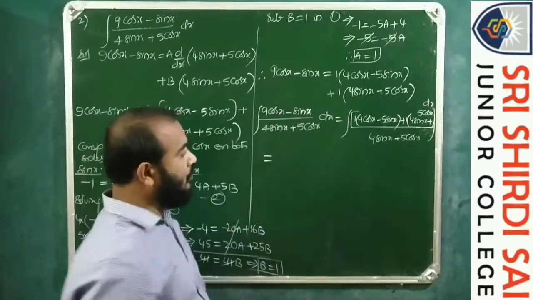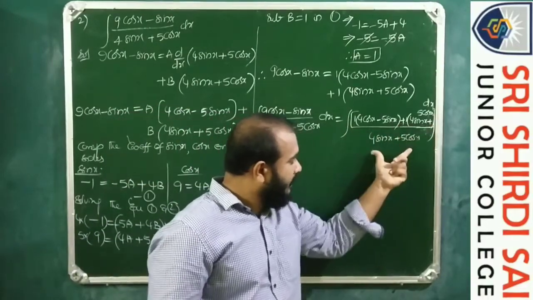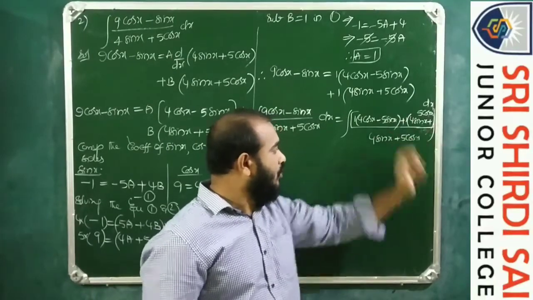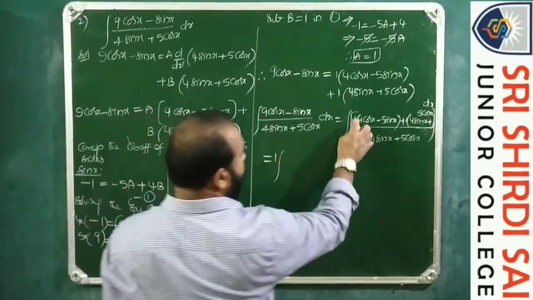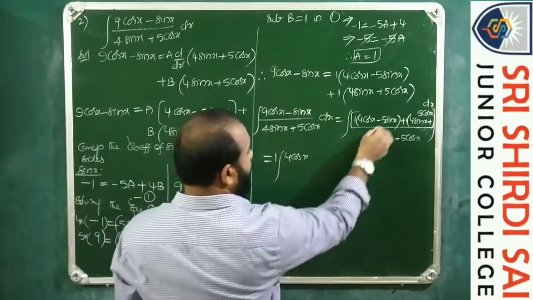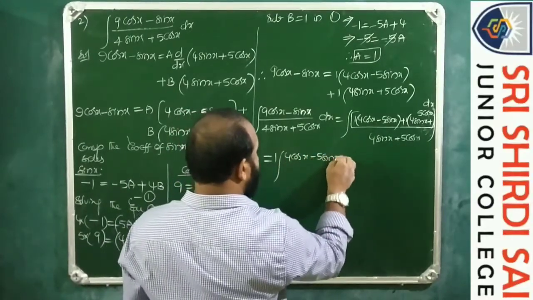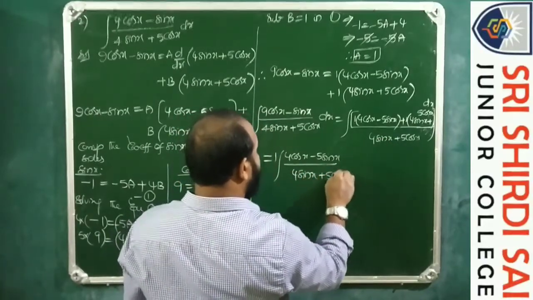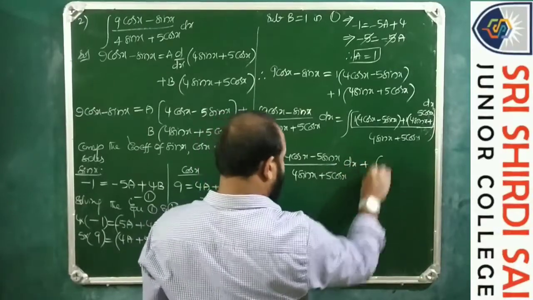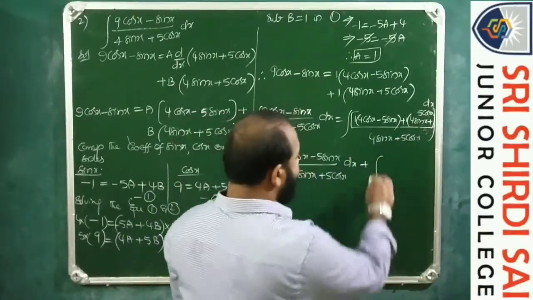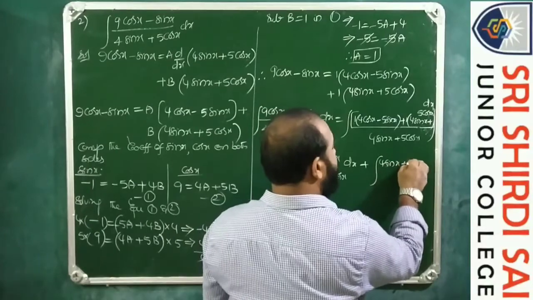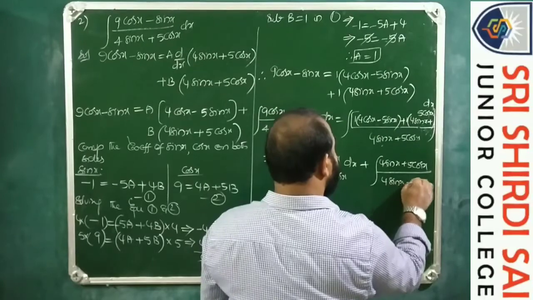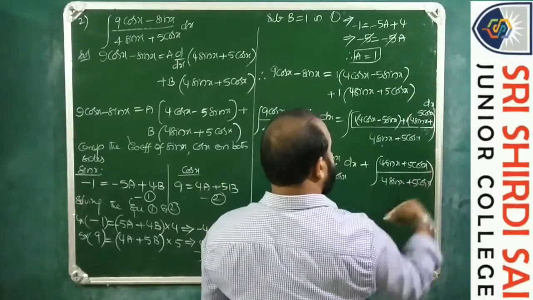So this is equal to a plus b by c, integral dx is distributed for both of them. So integral 1 into (4 cos x minus 5 sin x) by (4 sin x plus 5 cos x) dx plus (4 sin x plus 5 cos x) by (4 sin x plus 5 cos x) dx.